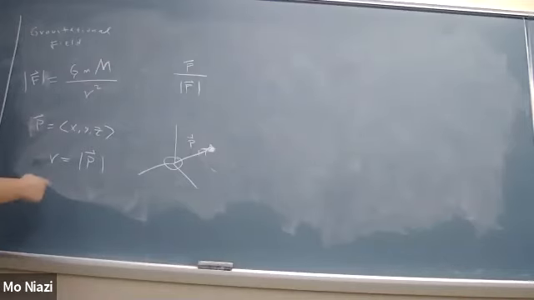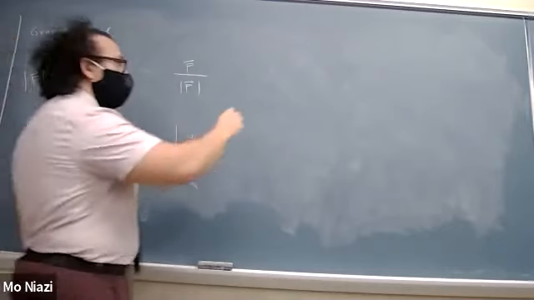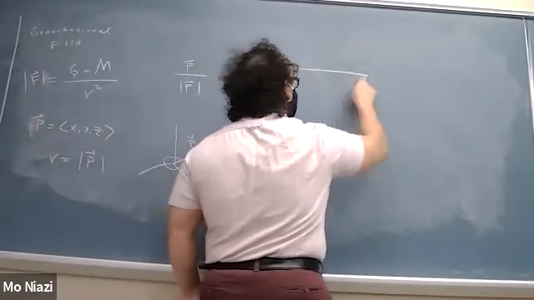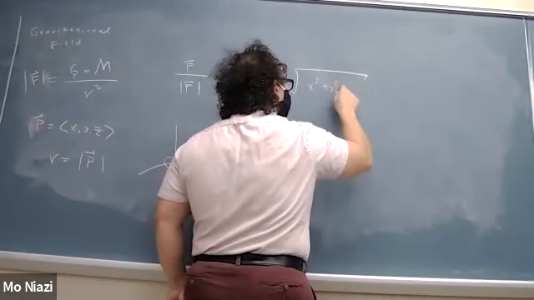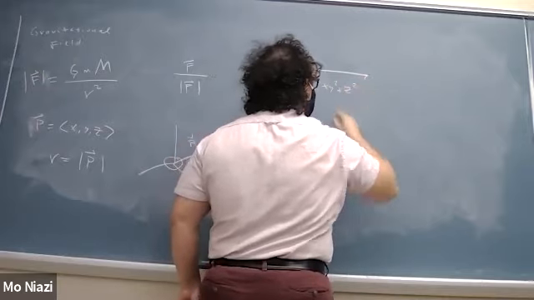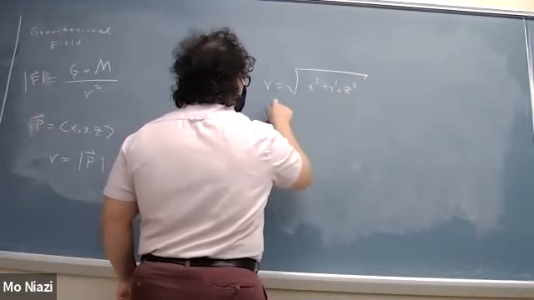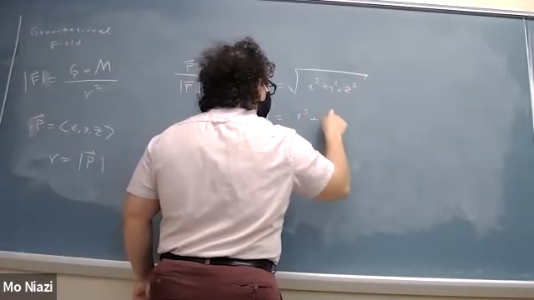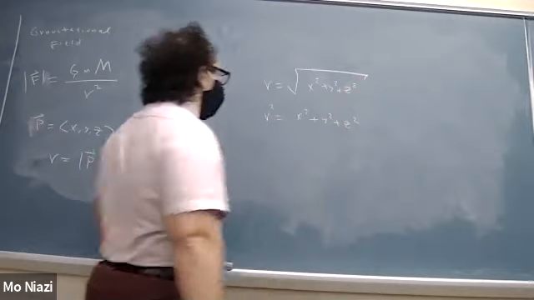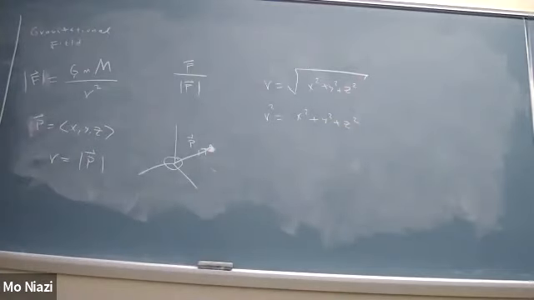So we notice that if R is equal to the magnitude of P, that means R is the distance away from the origin of that point. So R squared is this. So we could change this formulation to look like that.